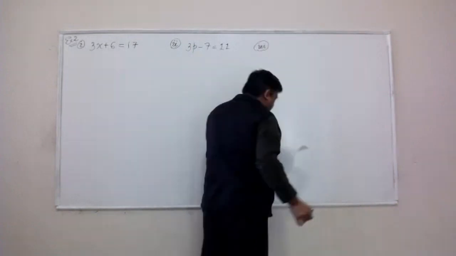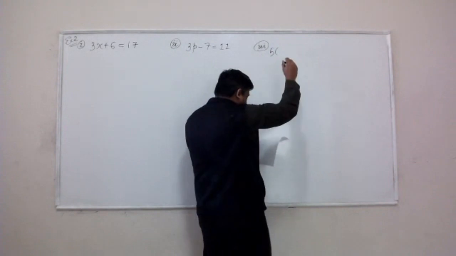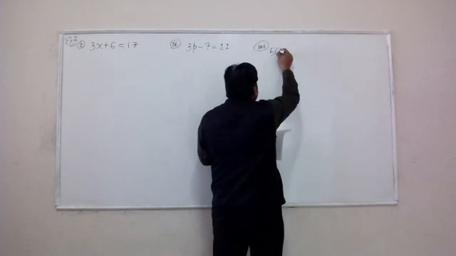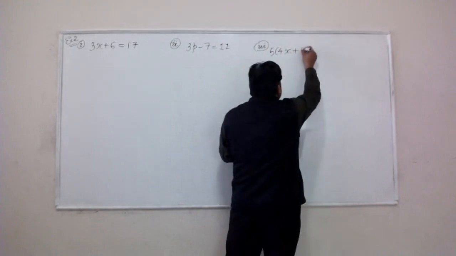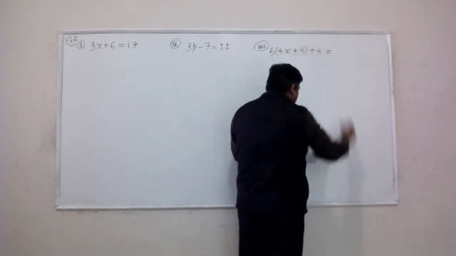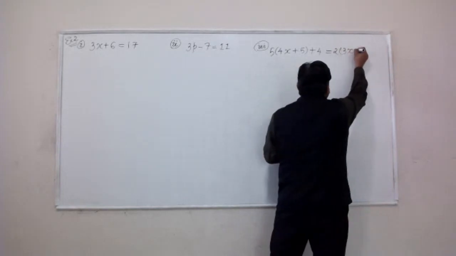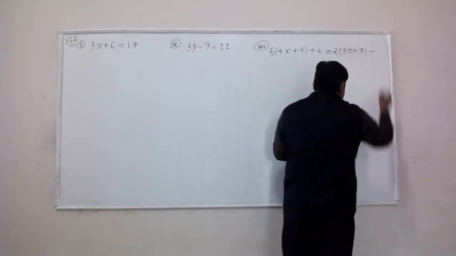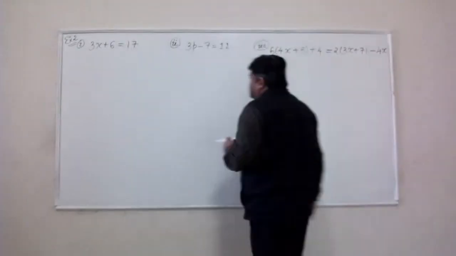And the third sub-problem is this equation: 5 times (4x plus 5) plus 4 equal to 2 times (3x plus 7) minus 4x.